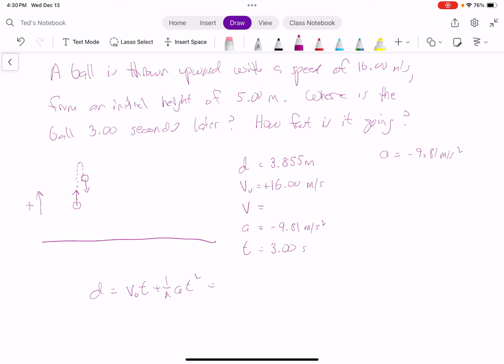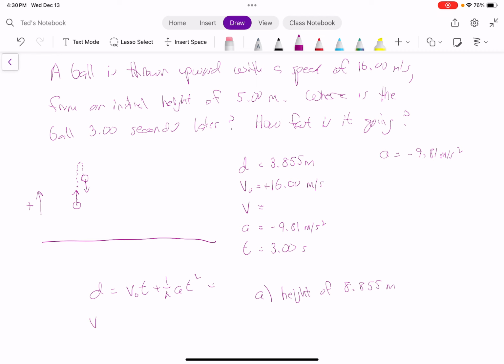Okay, so actually I think at the end, I'm going to say it ends with a height of 3.855 meters above where it started. It started 5 meters above the ground, so it has a height of 8.855 meters.